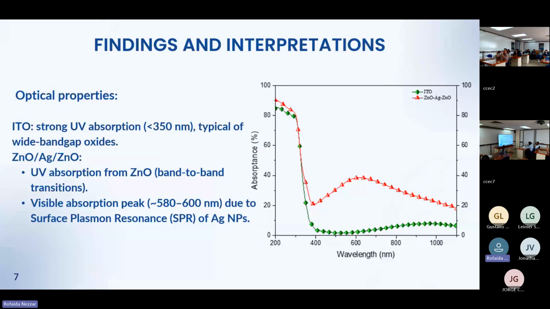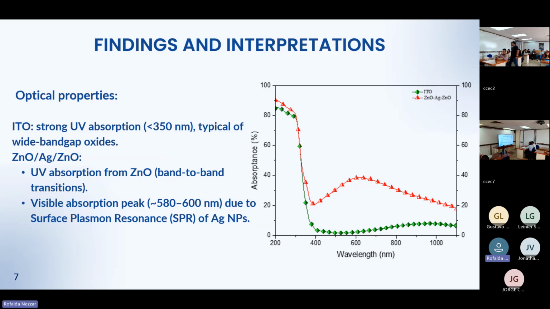Now, if we look at the absorbance spectra, we can see that indium tin oxide, as expected, absorbs strongly in the UV region and then remains nearly transparent in the visible and near-infrared ranges. Our three-layer film, on the other hand, also shows strong UV absorption, which is typical for zinc oxide, but we also observe a broad visible absorption peak around 580 nanometers to 600 nanometers due to the surface plasmon resonance.